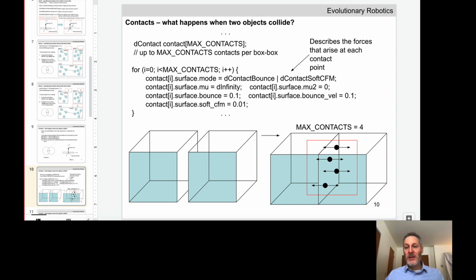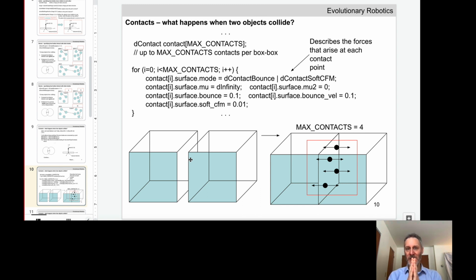Assuming that this collision should be resolved, meaning that the physics engine should add some new forces to try and push these objects apart, most physics engines resolve contacts in the following way. ODE resolves it in this way, and so does PyBullet. It starts by sprinkling a bunch of points in the area or the volume of interpenetration. In my cartoon example here, we have two cubes that have come into contact with one another face on.